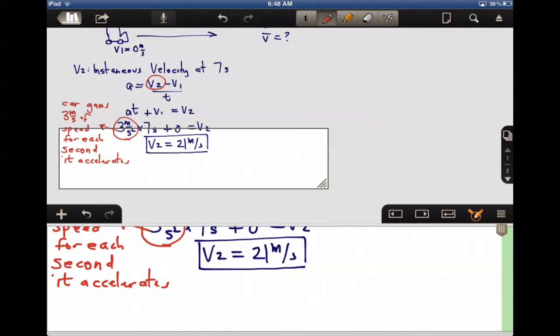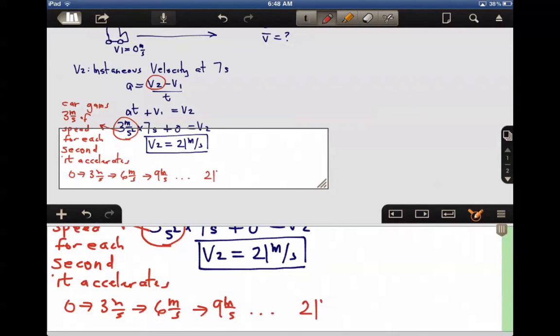So you could count: after 1 second, it would be going 3 meters per second. After 2 seconds, it would be going 6 meters per second. After 3 seconds, it would be going 9. You can count all the way up, and you'd eventually get to 21. So that's the instantaneous velocity at 7 seconds.